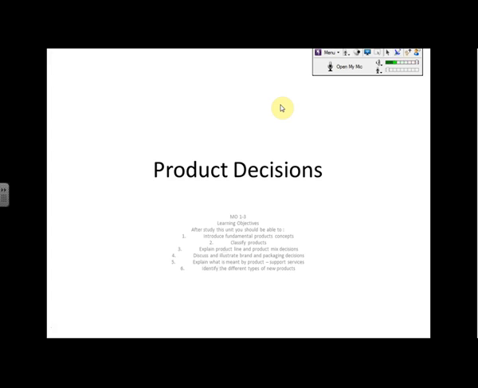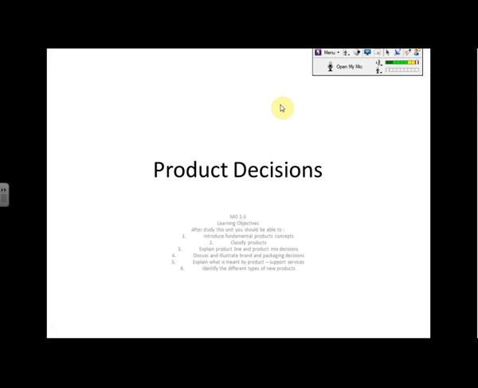Which lines do these products fall under, and what are the product mix decisions that we have to follow? We will also need to be able to discuss and illustrate brand and packaging decisions. We will need also to explain what is meant by product support services. What are the product support services?